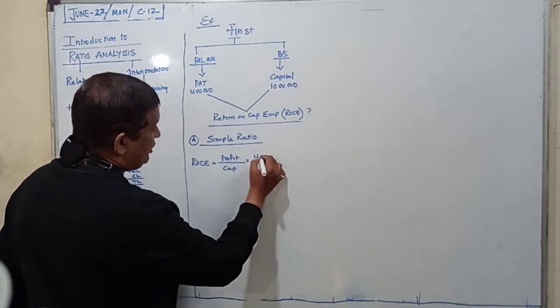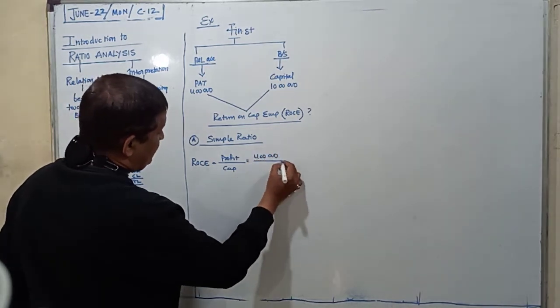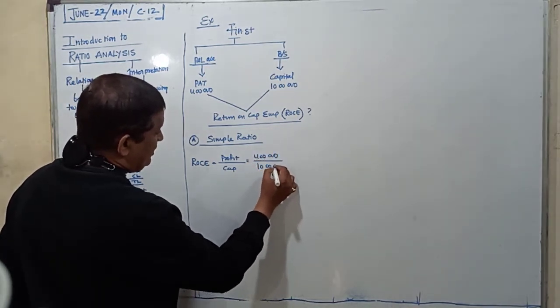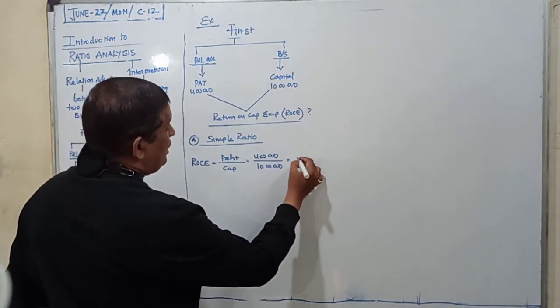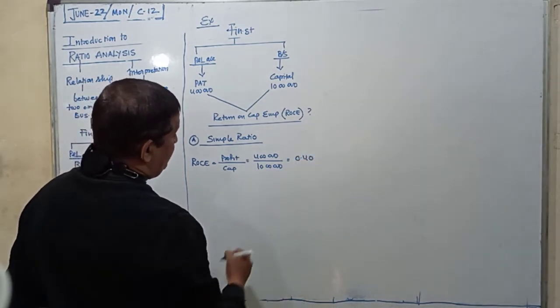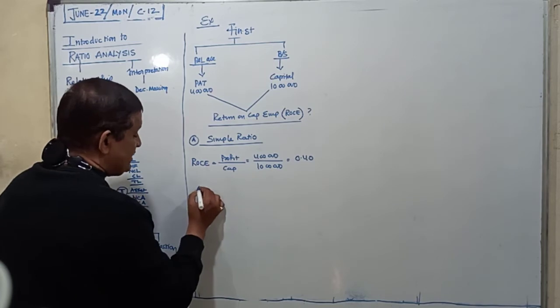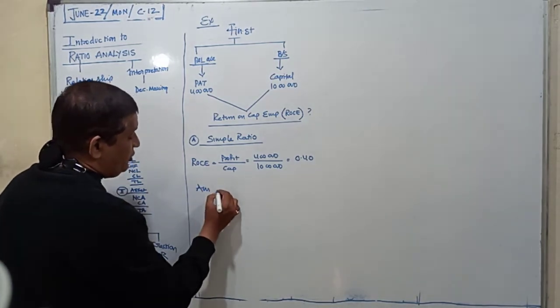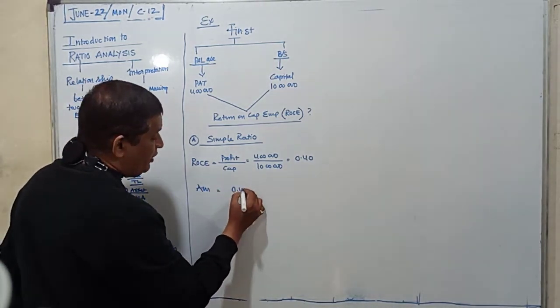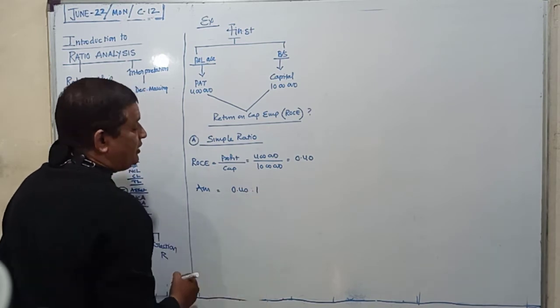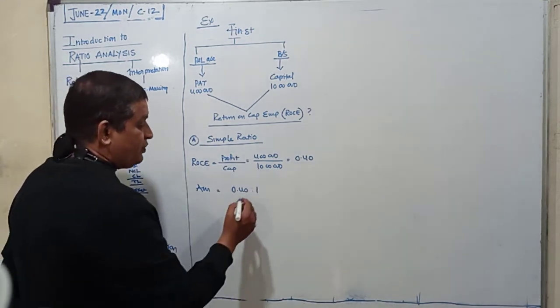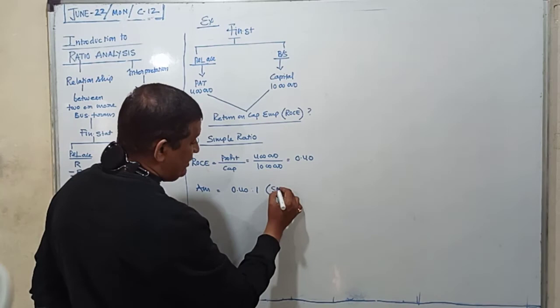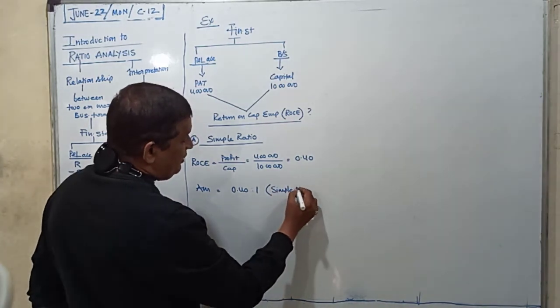My profit is 4 lakhs. My capital is 10 lakhs. So I get 0.40, and this answer I express as 0.40 is to 1. This is a simple ratio.